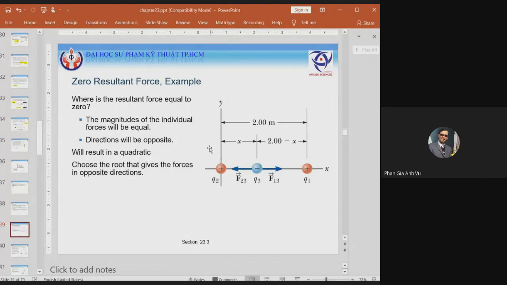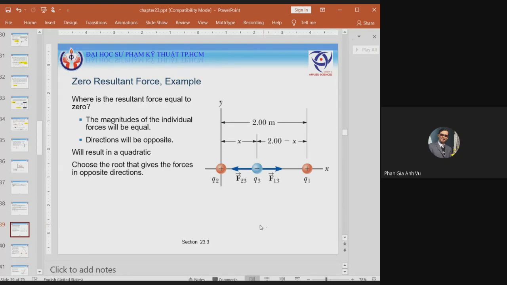Sometimes when we have a configuration like this one, we have 2 positive charges that are fixed on this position and this position. Then we can somehow find a position between the 2 charges, so that when we put a charge Q3 there, Q3 can be positive, can be negative, but the total force that acts on Q3 is 0.